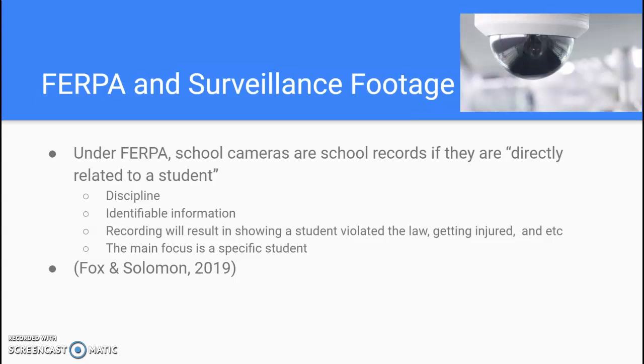So that means if any footage is used for disciplinary actions, or if the recording results in showing a student violating a law or getting injured, anything in those circumstances, if the main focus is to identify where that specific student was at a certain time.